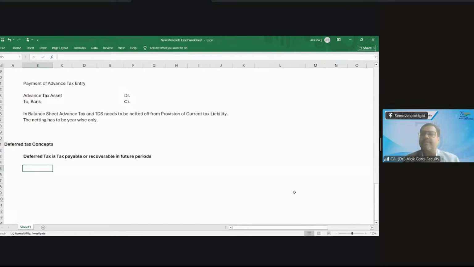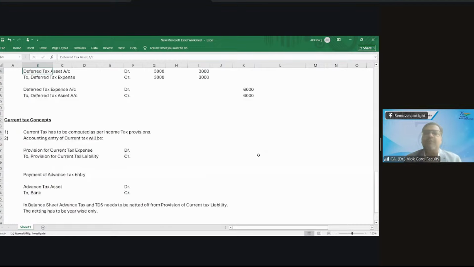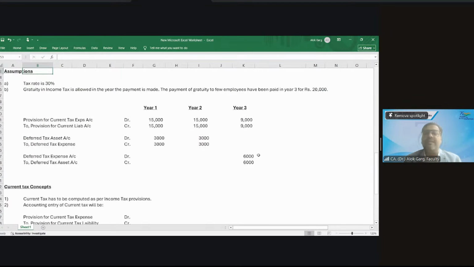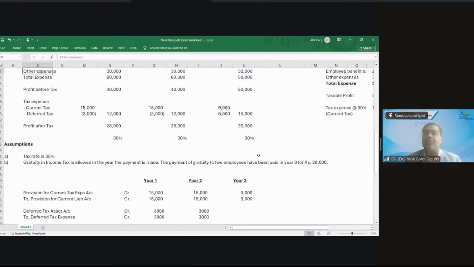So the point is, sir, the company has paid a higher tax in year 1 for 15,000 rupees. Ideally, the tax would have been only 12,000 rupees, but tax has been paid by 3,000 rupees extra. The benefit of this 3,000, the company will get in the year 3 after 2 years.